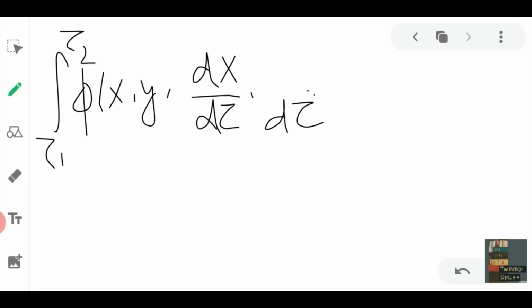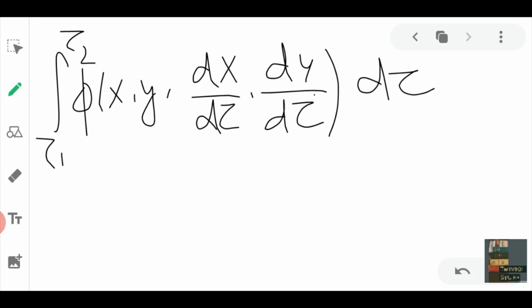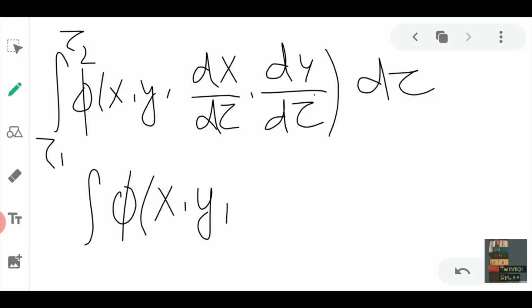Let me change this, from dy over d tau. What we will do next is write this integration with x and y the same as before, and here we will multiply with dt on both sides.